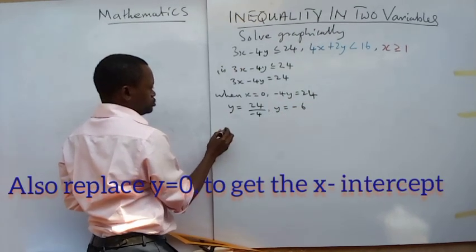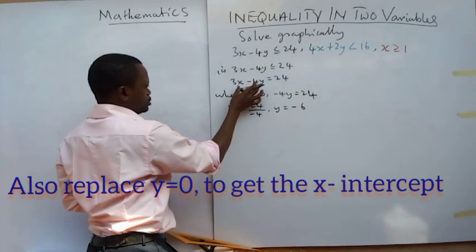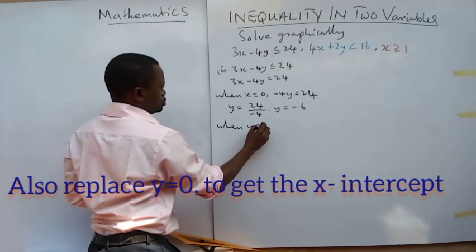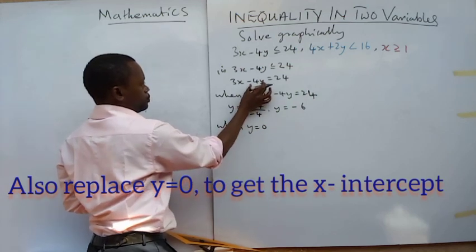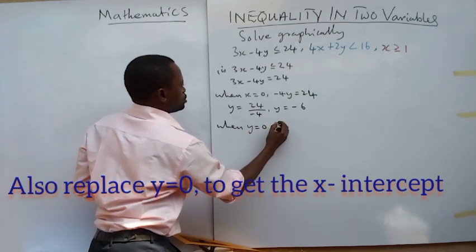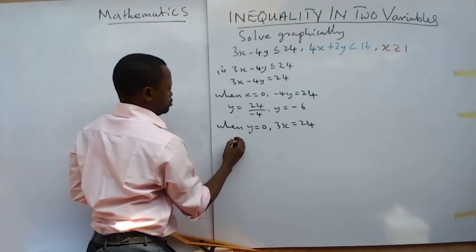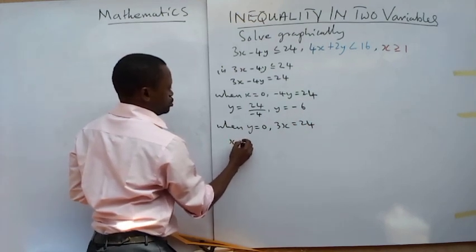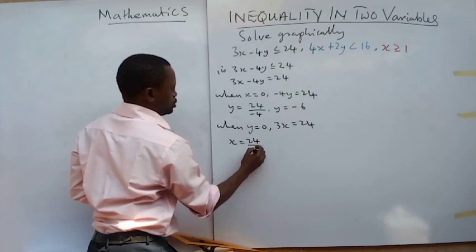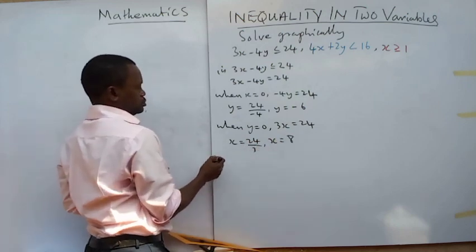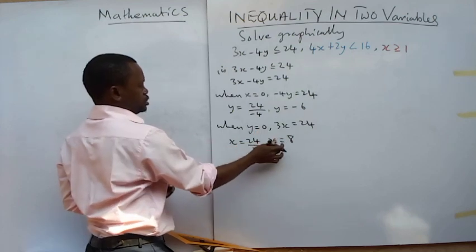When y is 0, I have 3x equals 24, so x equals 24 over 3, which is 8. I've got these intercepts.